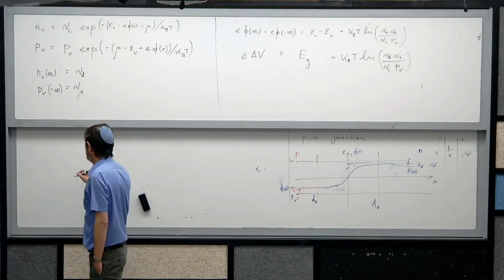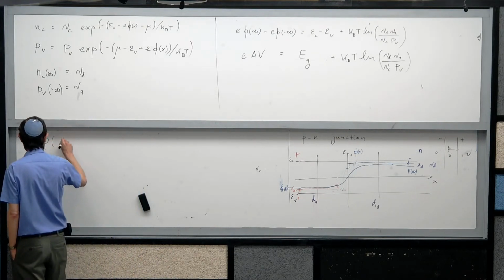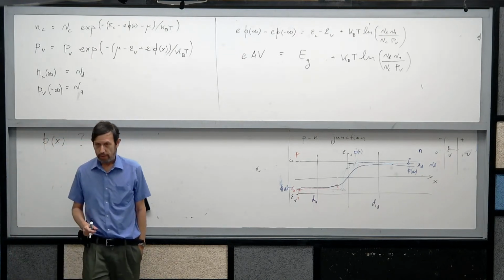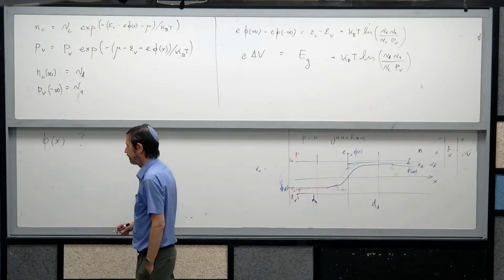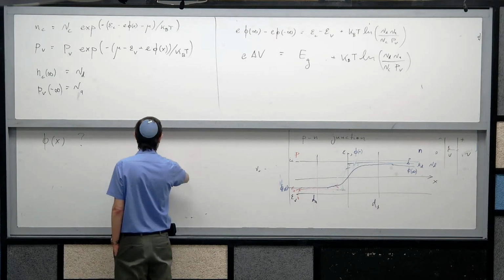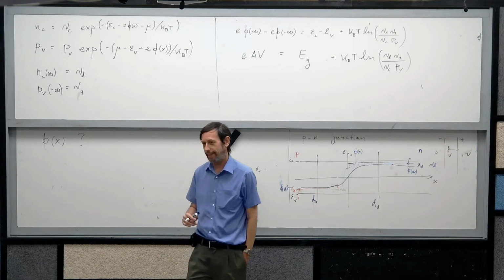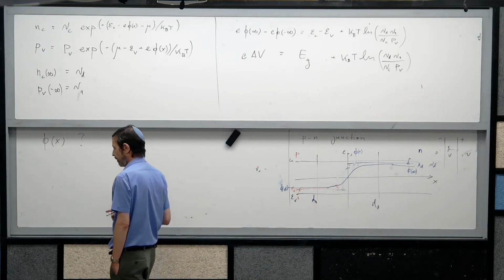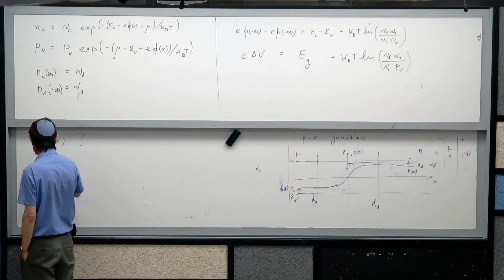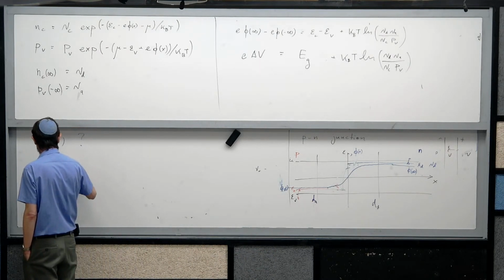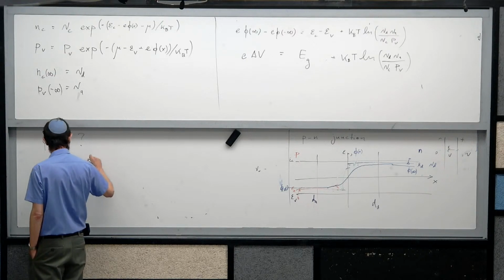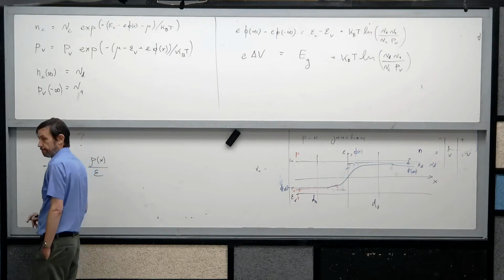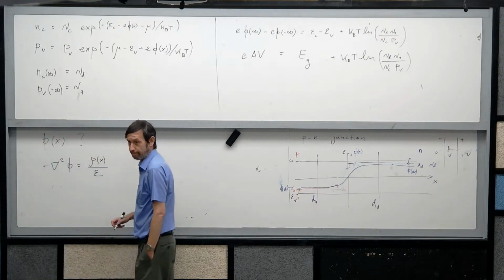So, from where will we get phi of x? Well, here we move a bit beyond high school electrostatics into the beginning of university electrostatics: the Poisson equation.